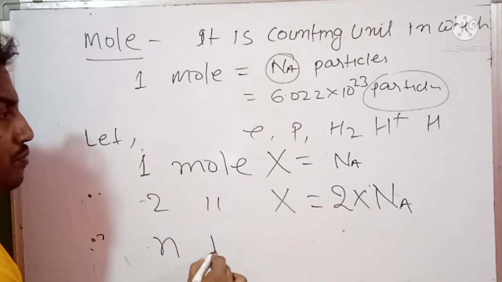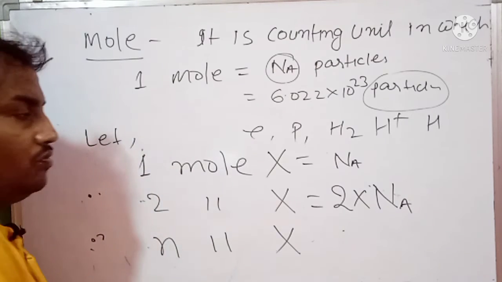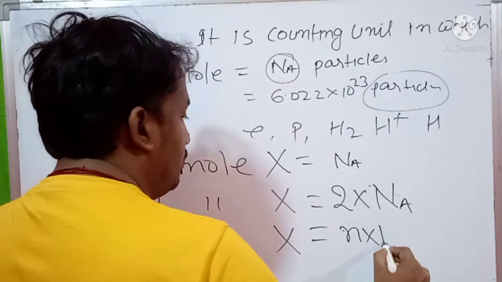If we have n moles of X, it is equal to n into Na.